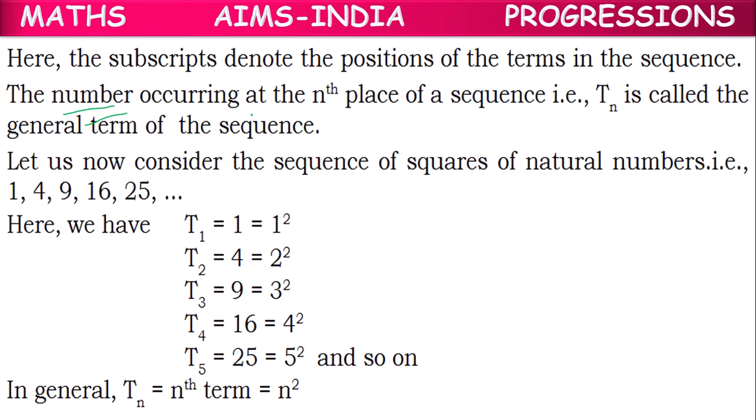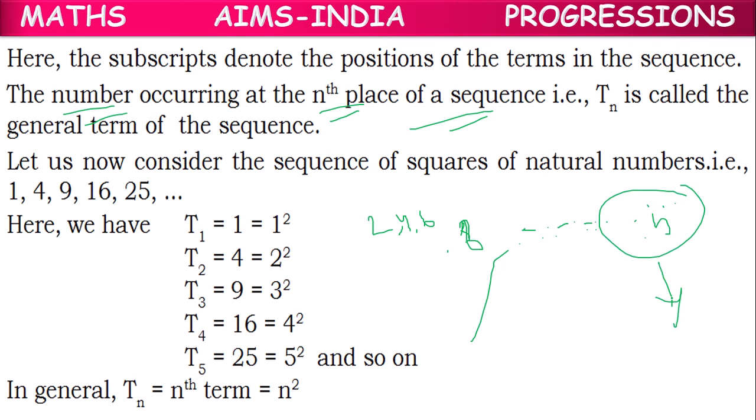The number occurring at the nth place of the sequence, suppose 2, 4, 6, 8 and so on, we have terms like this up to n, which is a variable. It may be the 10th term, it may be the 20th term, but it is the nth term.